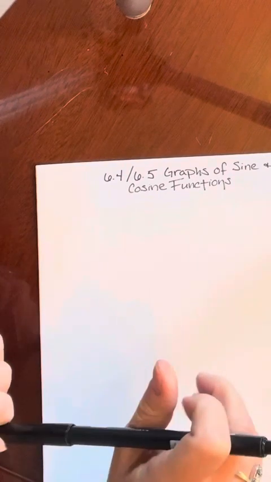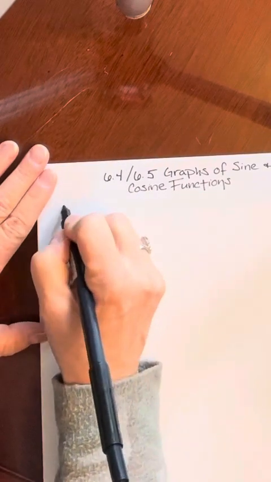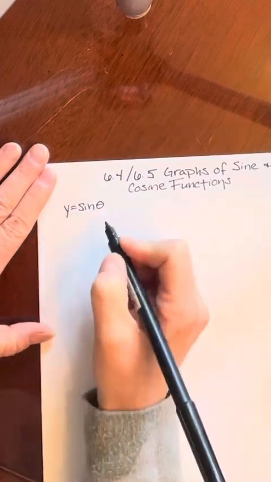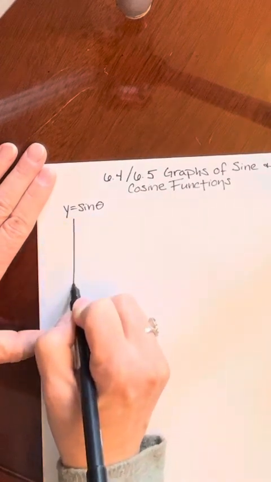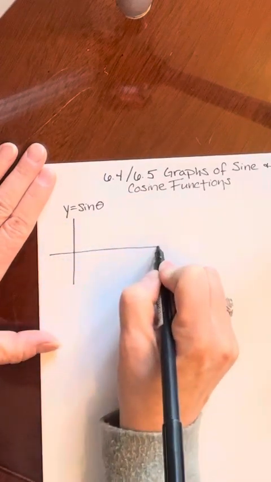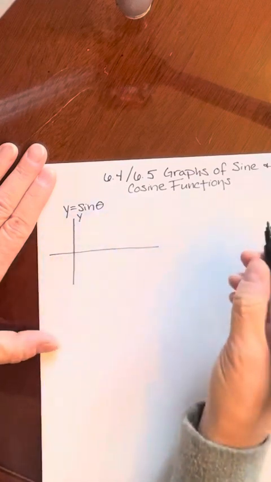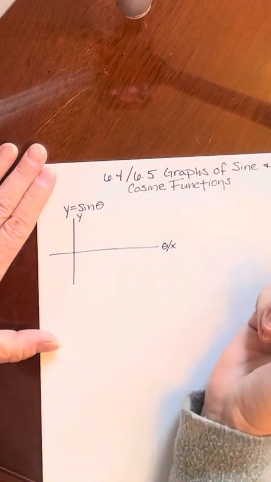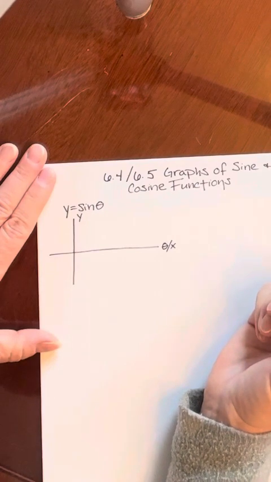So let's remember what sine looks like. Let's do y equals sine theta or sine x. And we've got the y-axis. And then we have the theta or the x-axis. You can call it either one, but it's the input variable axis.